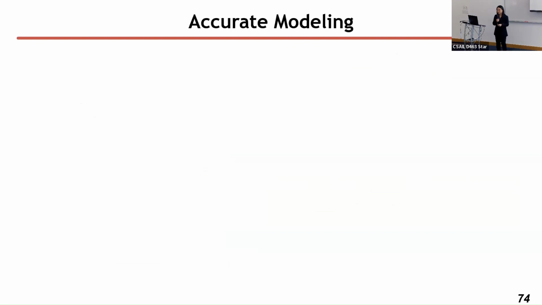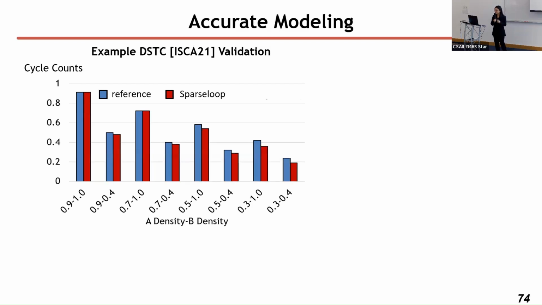The next thing that we want to validate is the accuracy of the model. So we'll show an example architecture validation. This is a DSTC accelerator. The y-axis is showing the cycle counts, and the x-axis is showing the different workloads with different tensor sparsity or density. The blue bars are the reference results, and the red bars are what's generated by the Sparseloop infrastructure.